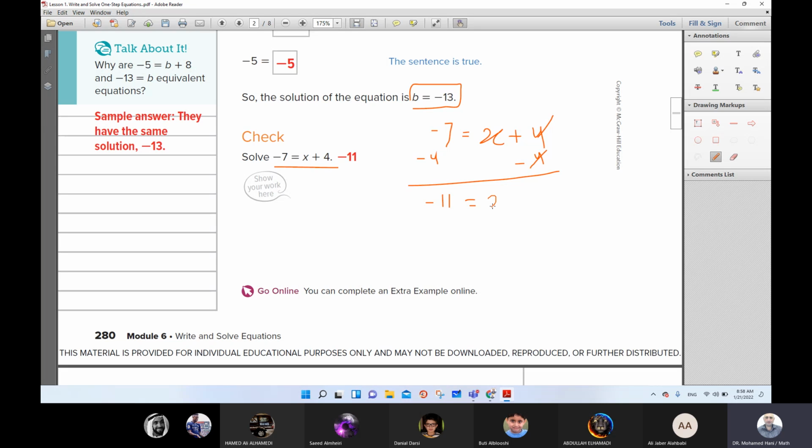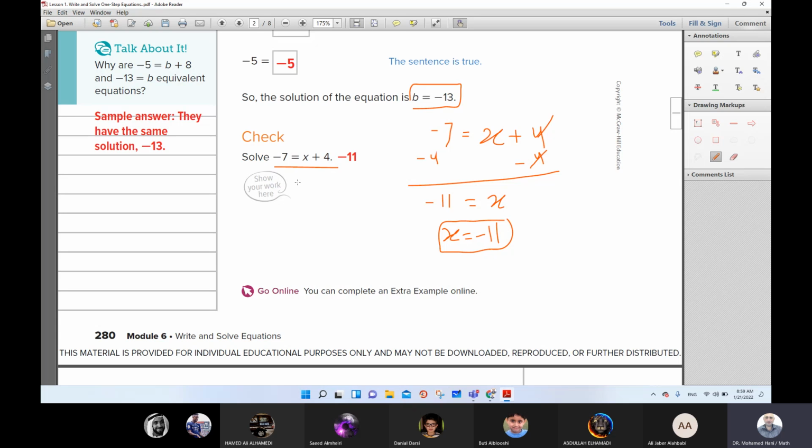Remains x. So the value of x equals negative 11. This is the solution of this equation.